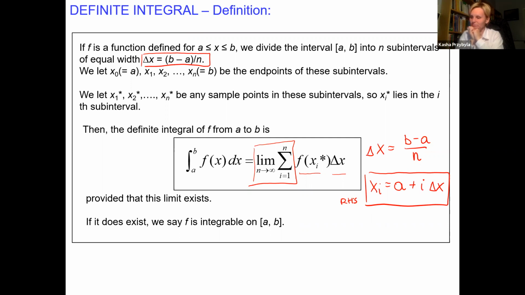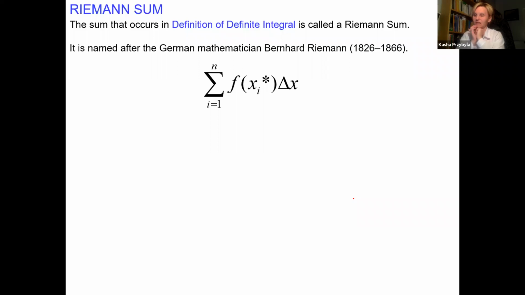This formula in the box is the definition of the definite integral. Another piece of information: the definition of the integral includes a summation of the areas of the rectangles, and this sum was determined by a German mathematician, Riemann.